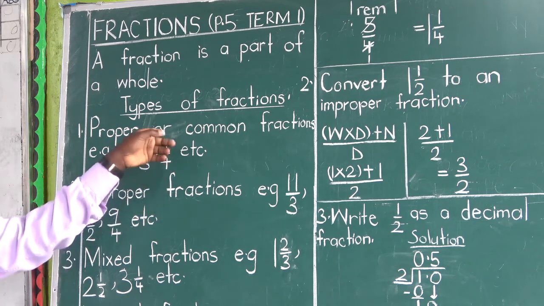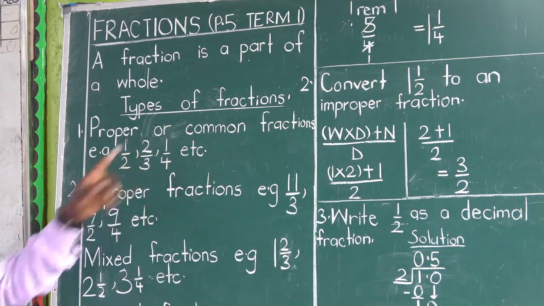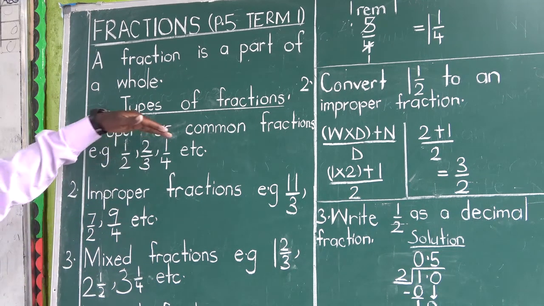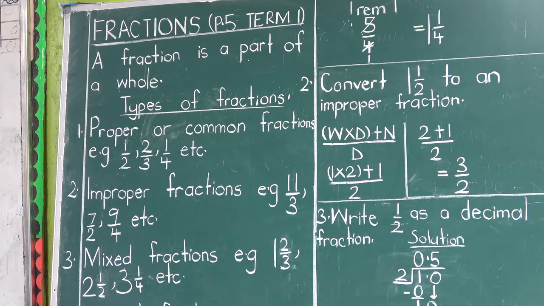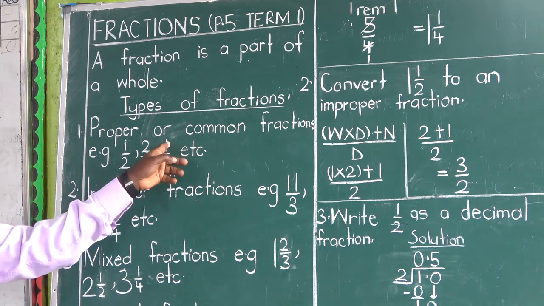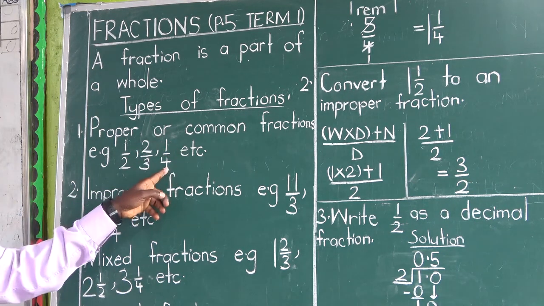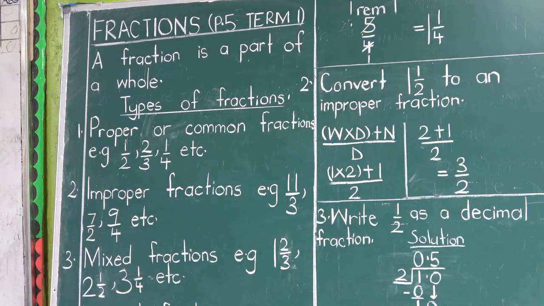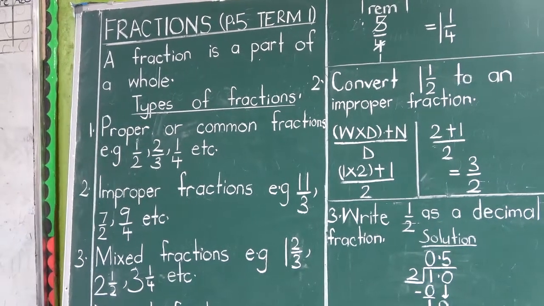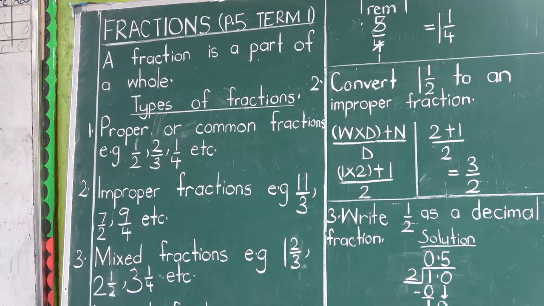A quarter too. Mention others, so long as the numerator is less than the denominator. It should be noted that the upper number of a given fraction is called a numerator and the downer is called a denominator. So this is what we call proper fractions.